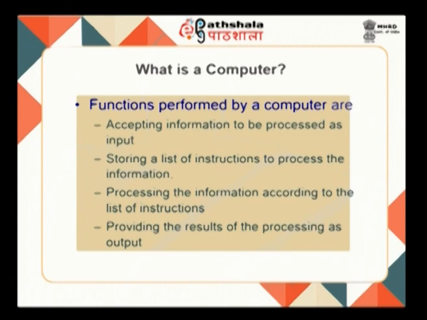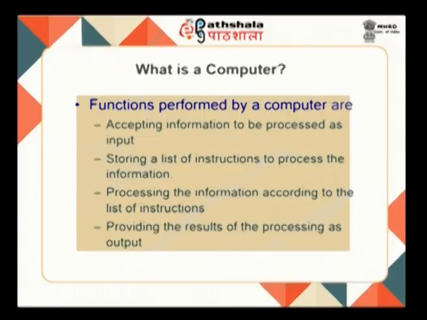If you look at the functions performed by a computer, it accepts the information first of all. So, you need to have some functional unit which will accept the information to be processed as input. It stores a list of instructions to process the information.